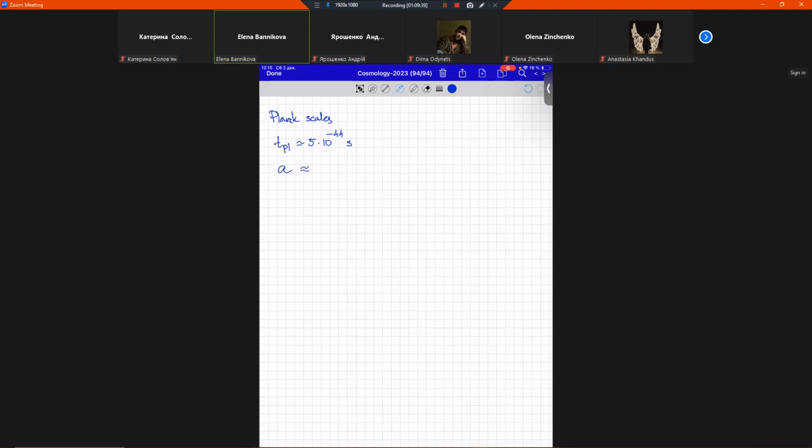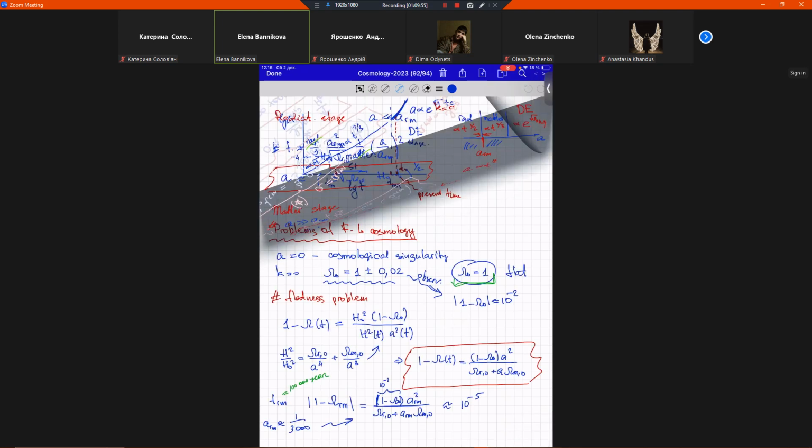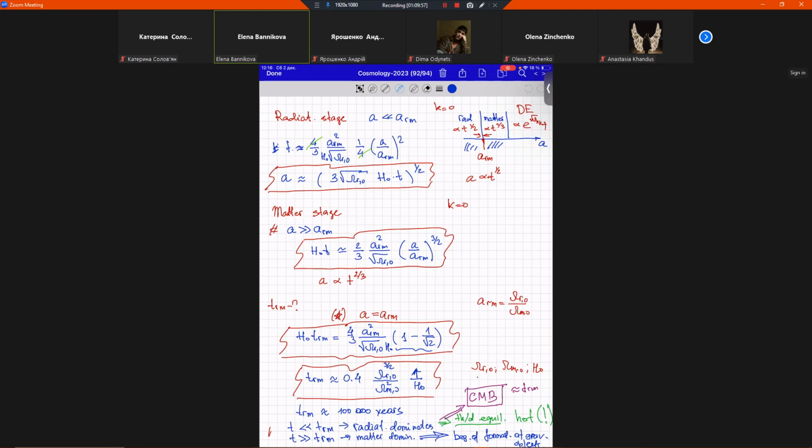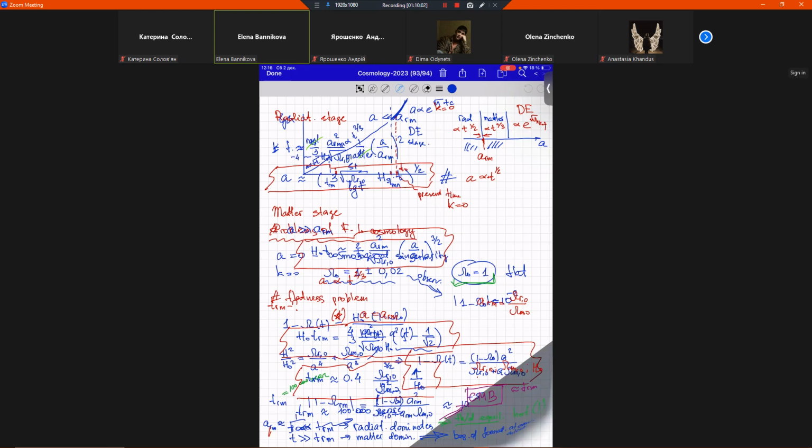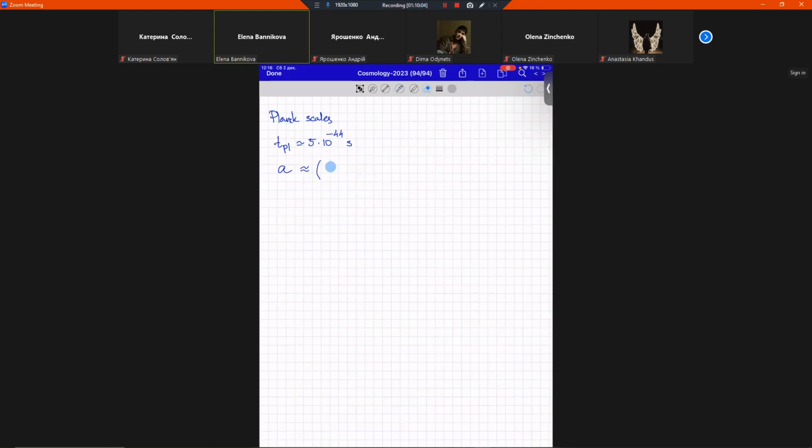We will use the expression for the scale factor for the radiation stage, which we just obtained: a equals the square root of 3 omega r0 H0 t, divided by this.